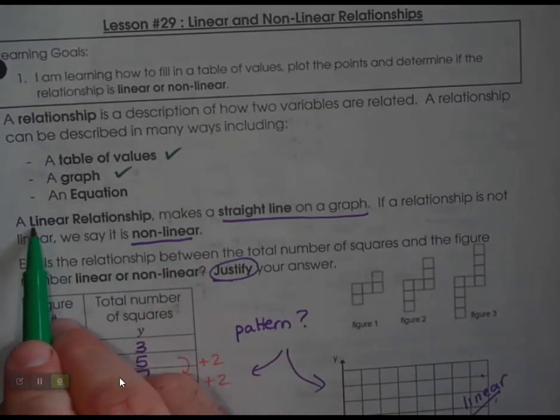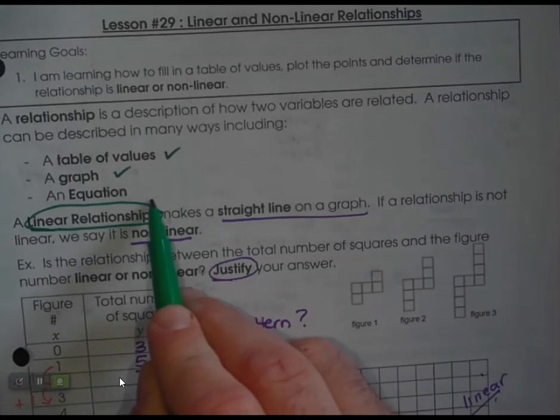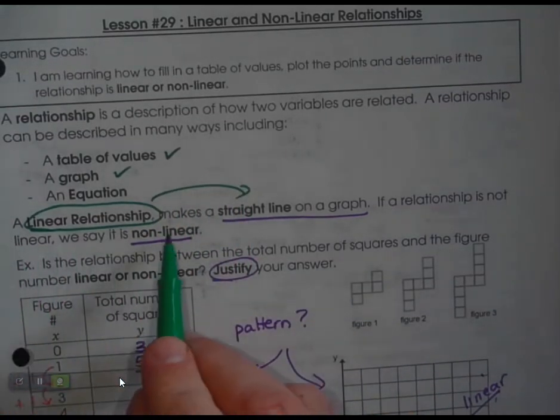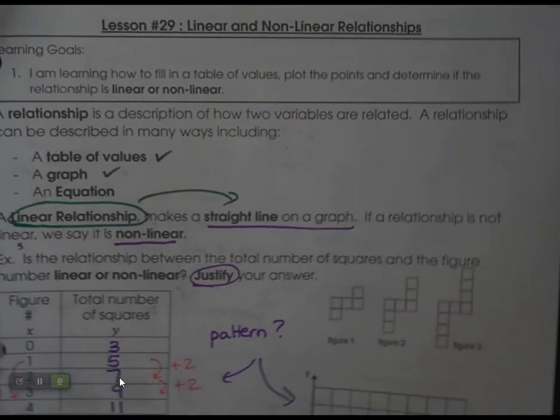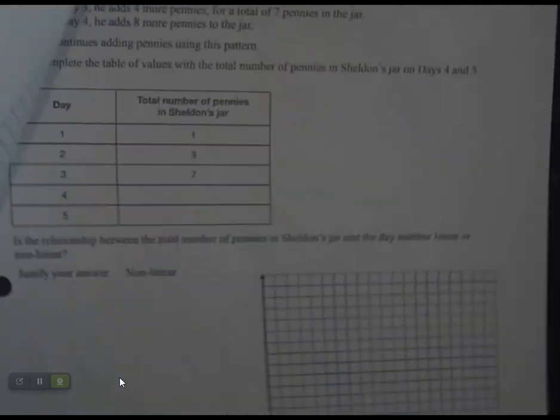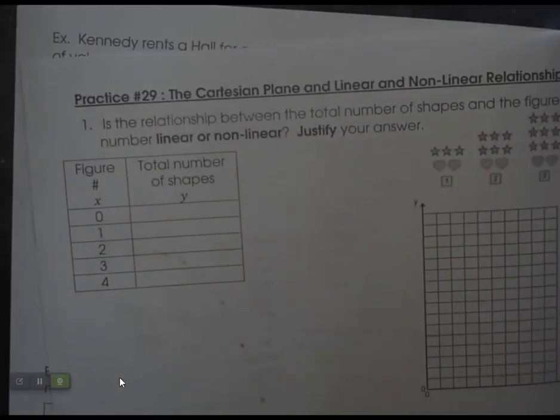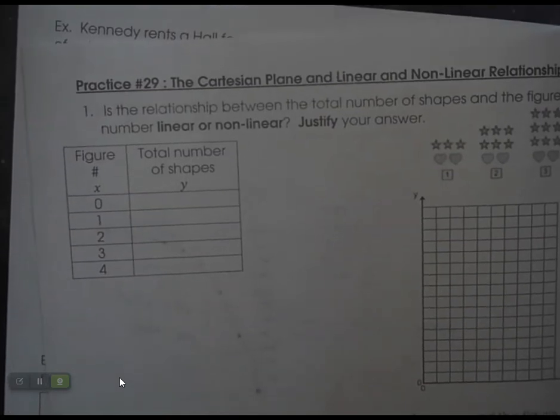The idea here, if it's linear, it's got to be a straight line. If it's not linear, it's going to be a curved line. All right, so go ahead. Try practice 29, give it a go, and see how it goes.